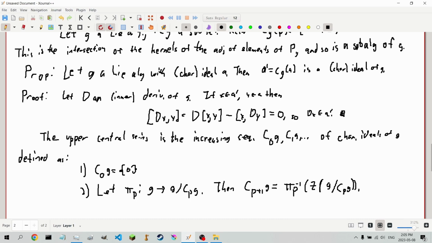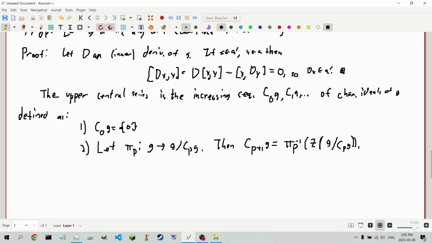This is a definition they give. We see that C1 of G is just the center of G. This works as a definition, but there's another way of thinking about it which is easier, which I have to pull up.